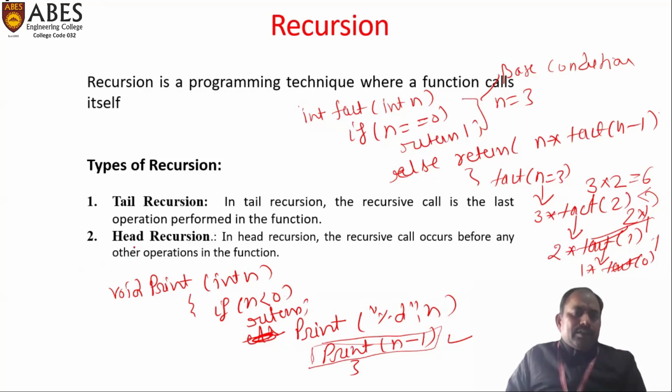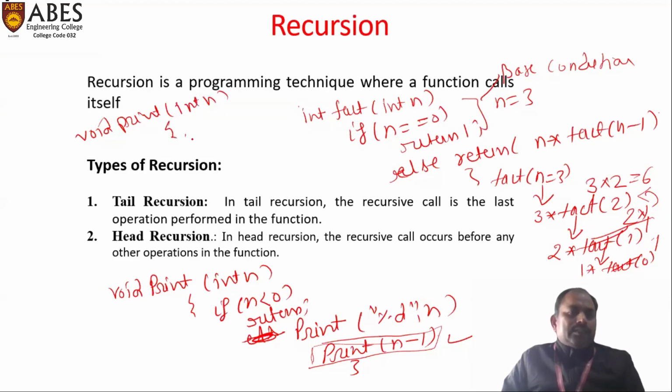Similarly, how do we see head recursion? In head recursion, the recursive call occurs before any operation in the function. So what will the program be for head recursion? Suppose we again have void print(int n). We write the base condition: if n is less than 0, then return.